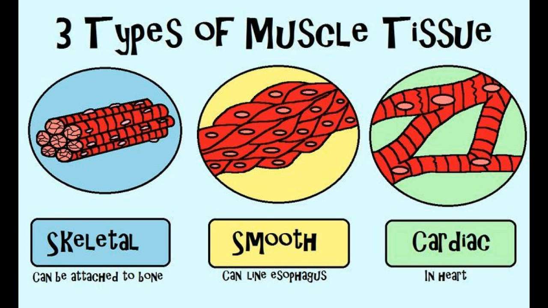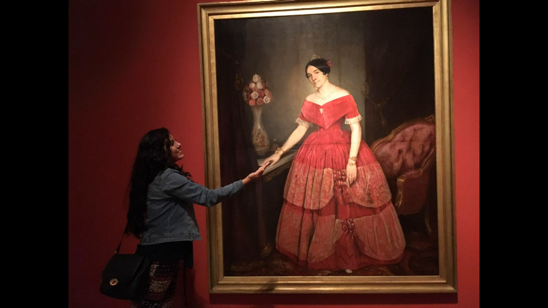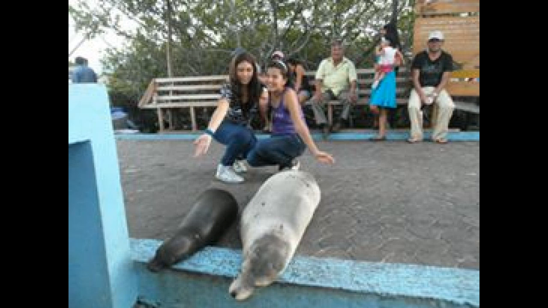Skeletal is attached to all the bones in your skeleton, supporting and keeping your posture in line. For example, your facial expressions and your dance movements are voluntary. Cardiac works involuntarily, forms the walls of your heart, pounding your heart.